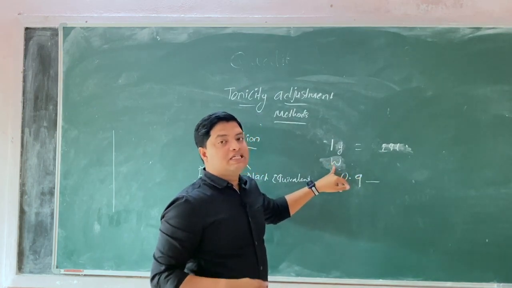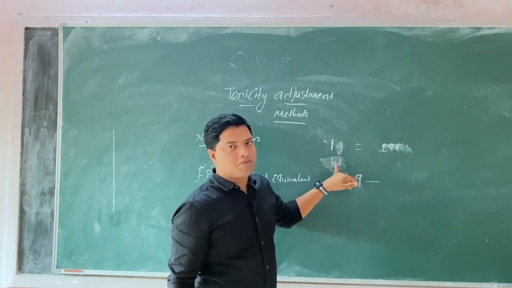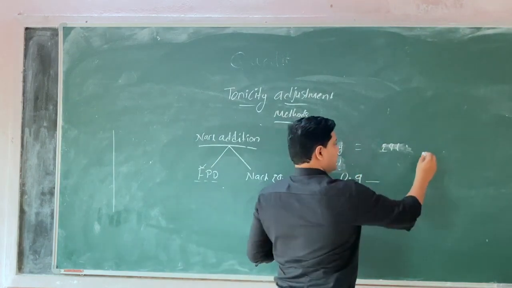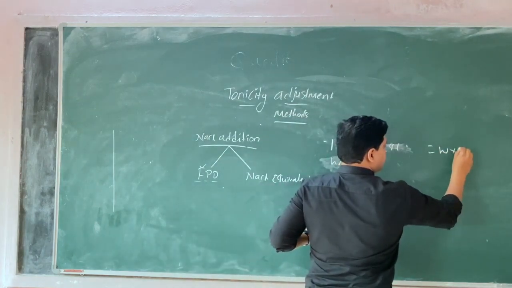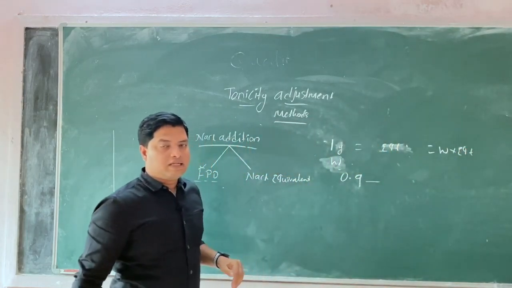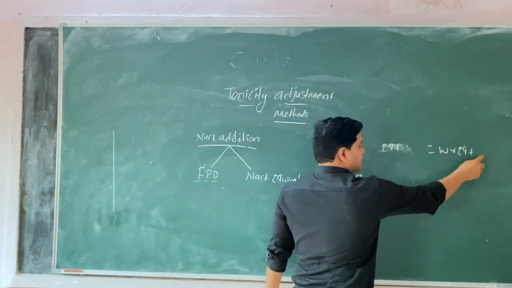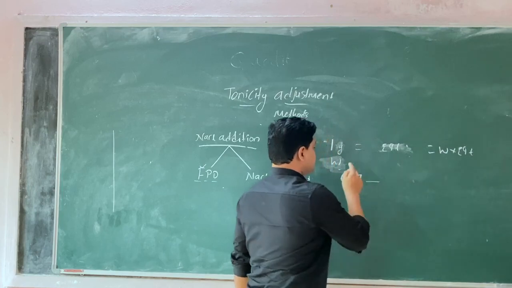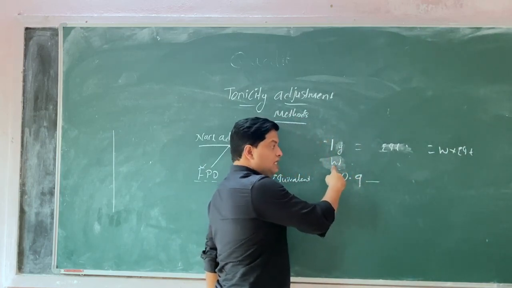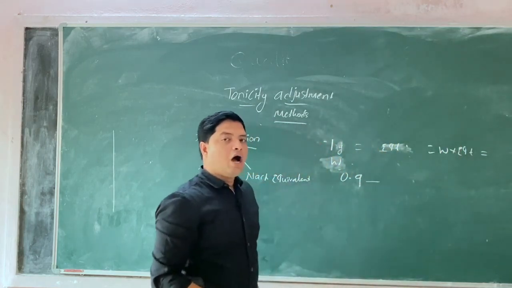W grams of drug is equivalent to how much NaCl? One gram is this much; W is how much? Cross multiply, and you get W into the equivalent weight of NaCl. This means that due to the presence of W grams of drug, this amount of NaCl is already present in the solution. How much do we want?